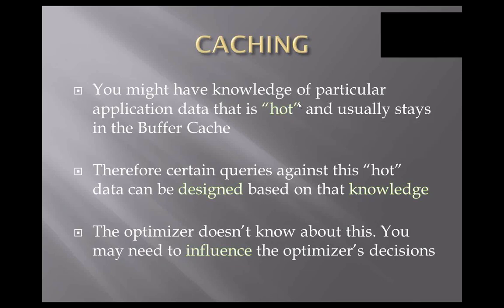Caching can make a huge difference, but the optimizer by default simply assumes everything is physical I/O. So that is something that you have to take into consideration also if you try to find an efficient execution plan. And it's again something where you might need to influence the optimizer because it's simply not aware of this.